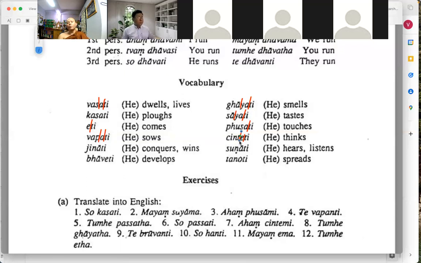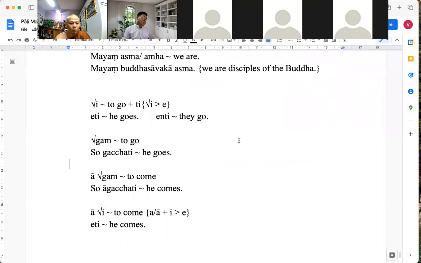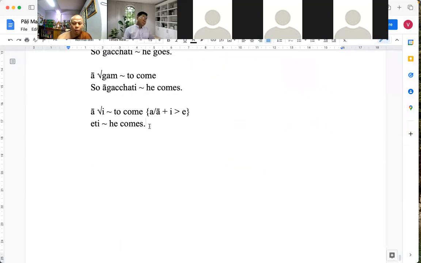But if we remove the A sign, the root changes. To think, we use the sign A. So we have the changed D base.